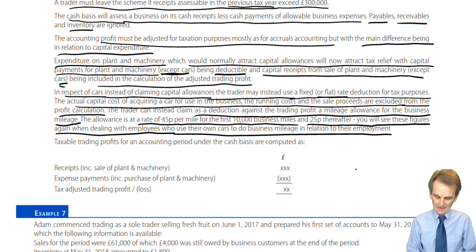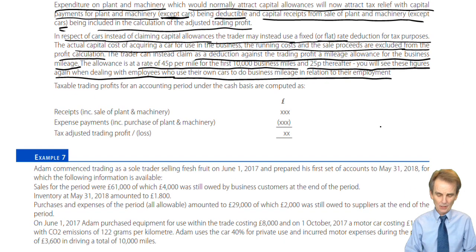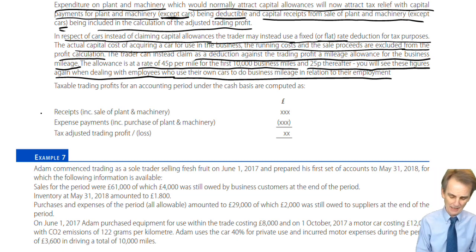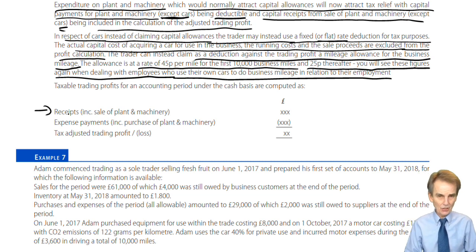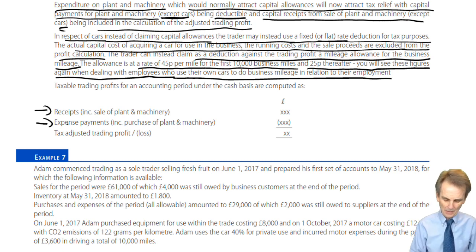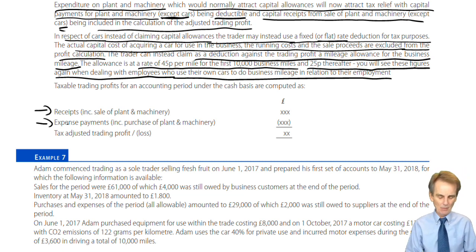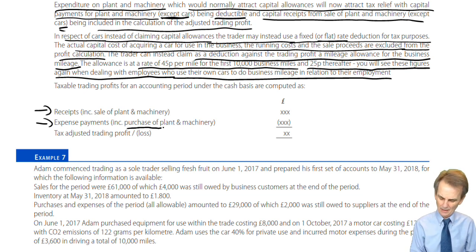Now then, the basic calculation, therefore, of the taxable trading profit has become very simple, as we see here. Again, for the accounting period, we pick up the receipts, including the sale of plant and machinery, other than cars. We deduct from it any expenses, payments that we have paid out during the year, including the purchase of plant and machinery.